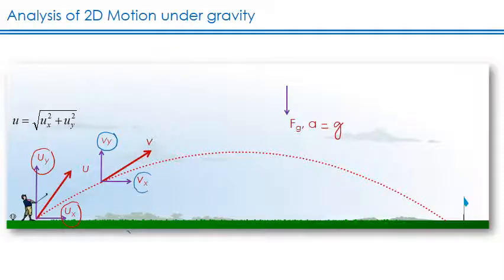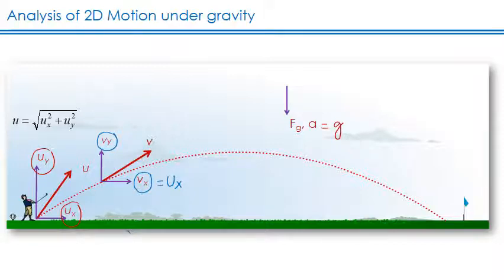Vx is still the same as Ux because there is no force in the horizontal direction. Therefore, the horizontal component of the velocity is unchanged.